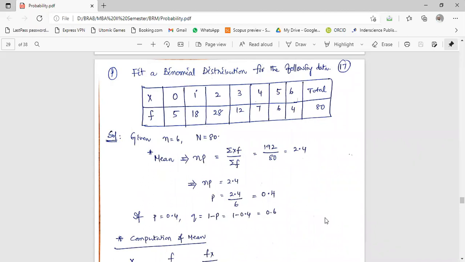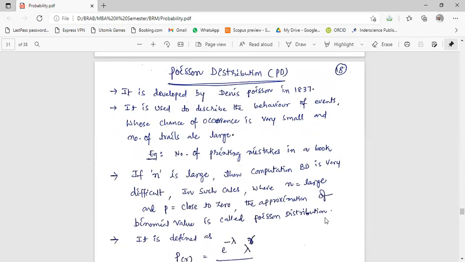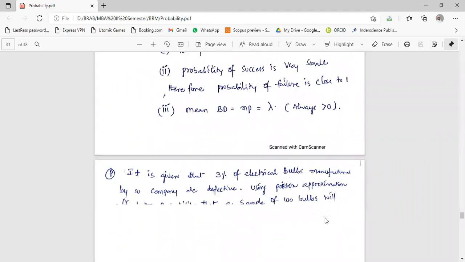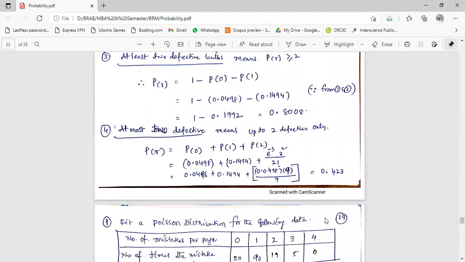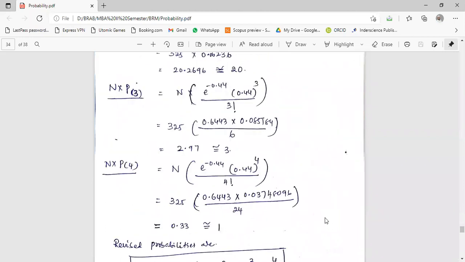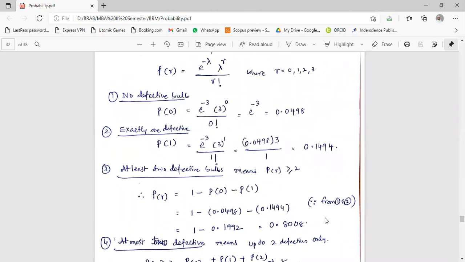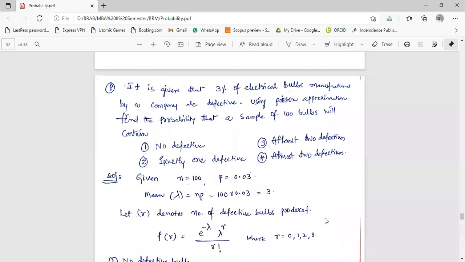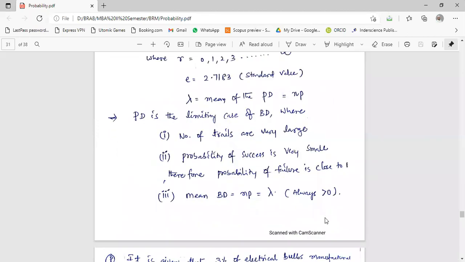In the next class, we'll discuss Poisson distribution. Please go through the notes. If you go through the notes, you will get some doubts and you can ask me in the next class. And solve problems on binomial distribution from your textbooks or any other material.